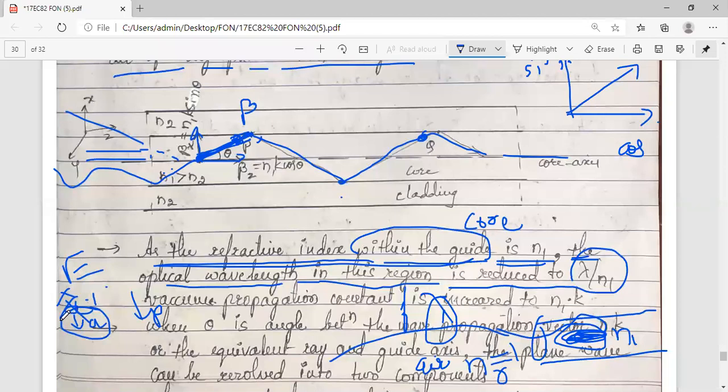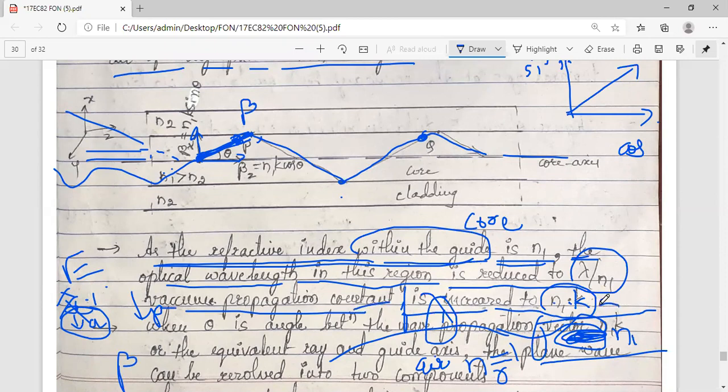This gamma is equal to alpha plus j beta. What is happening to that propagation constant is, the vacuum propagation constant, which is beta in the air, will be increased by N1 into K. Here K is some constant they have taken. The refractive index multiplied by that K factor will give you the propagation constant.